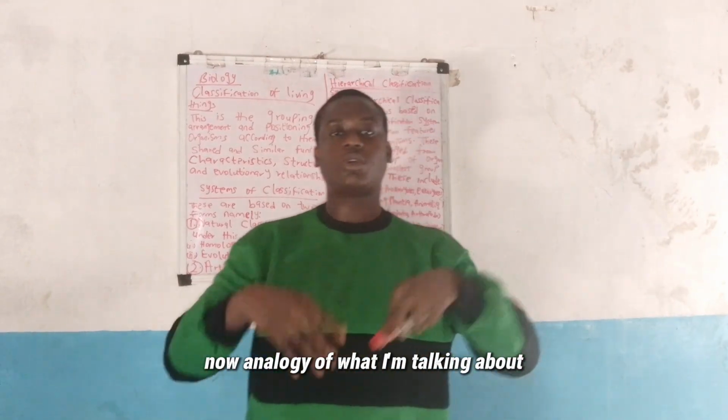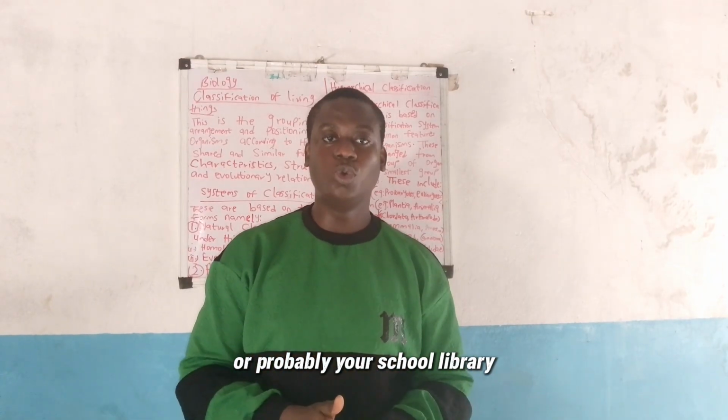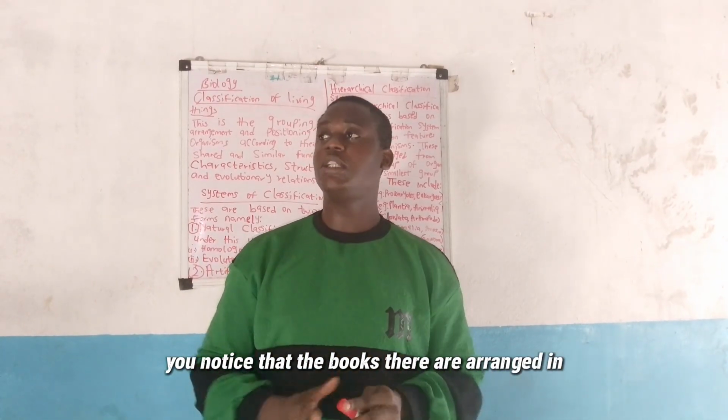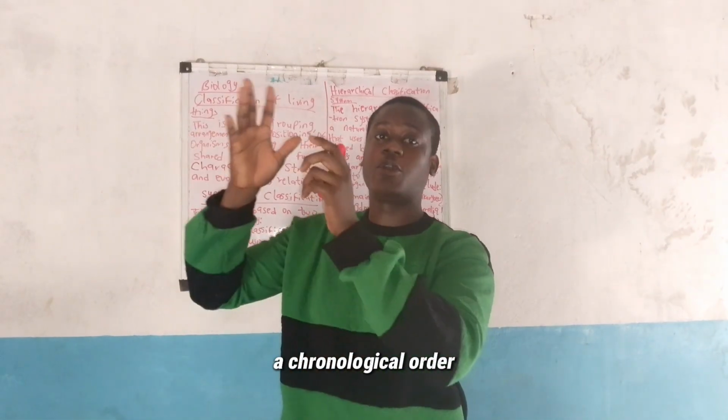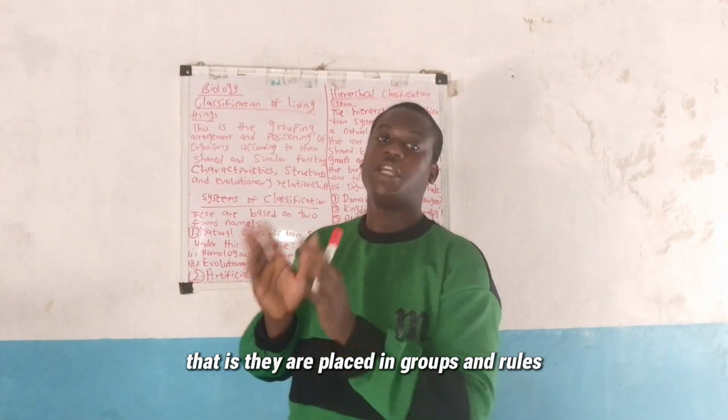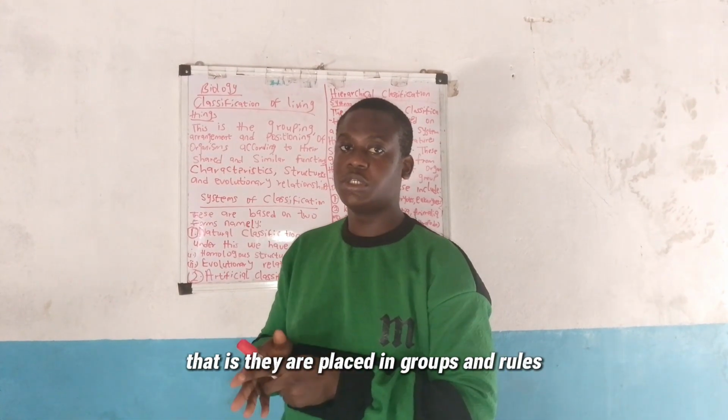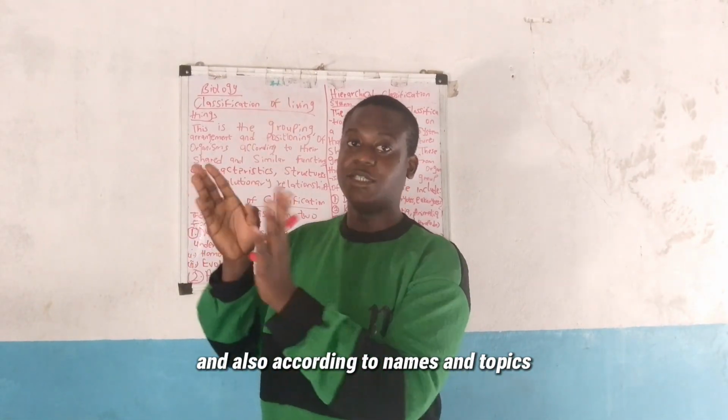Now, an analogy of what I'm talking about. Let's say, for instance, you happen to be in a library, perhaps your school library. You notice that the books there are arranged in an orderly manner. That is, they are placed in groups and rows, and also according to names and topics.